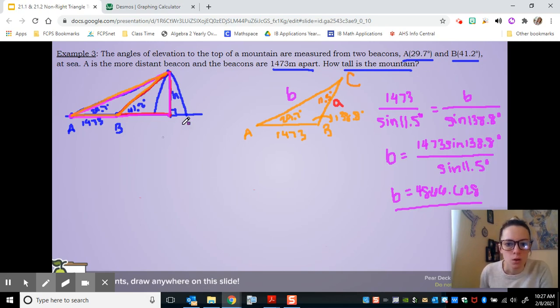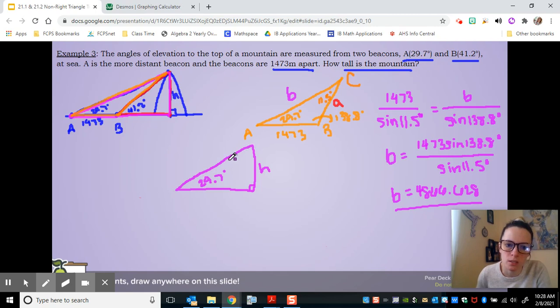Using that value, and again, refocusing on this large pink right triangle, I'm going to redraw it out here. Not perfect, but that's okay. Looking for my height, I have my angle down here as my original A's angle of elevation of 29.7 degrees.